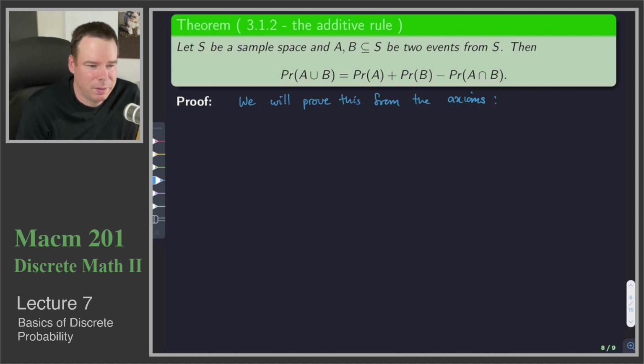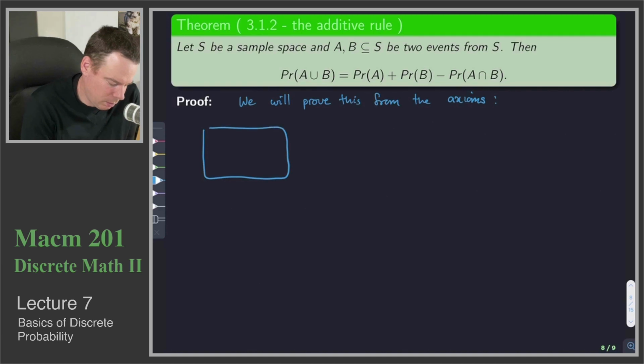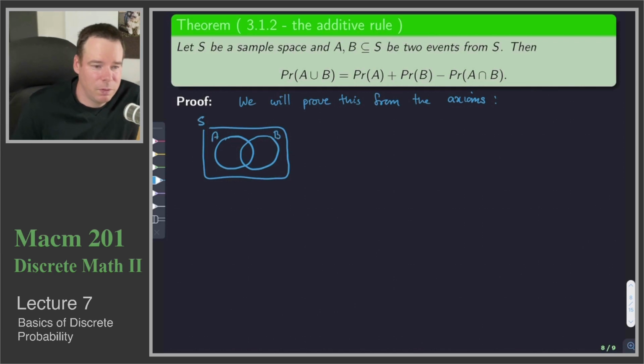And so how are we going to set this up? Well, I'm going to have a picture in the back of my mind that I'm going to use. I've got my event A, my event B, and our sample space S. And we're just going to notice a few things about this diagram. So we're going to notice that A union B, okay, the problem is they're not necessarily disjoint. But can I write this union as the union of two disjoint sets?